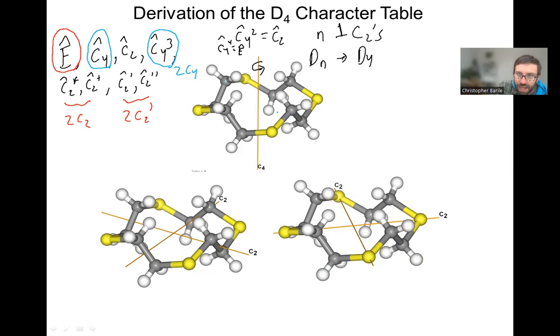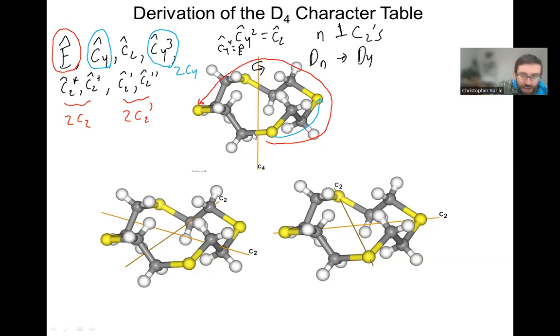And why is that? Again, because if we do a clockwise, one-way rotation, doing 90 degrees, we would be taking this sulfur atom into that sulfur atom. And if we did a C4 three times, we would be taking that sulfur atom all the way to that sulfur atom.